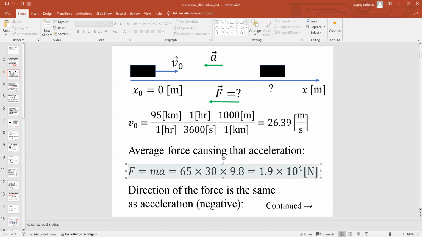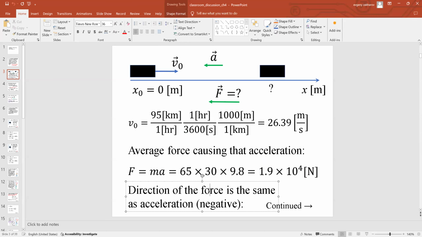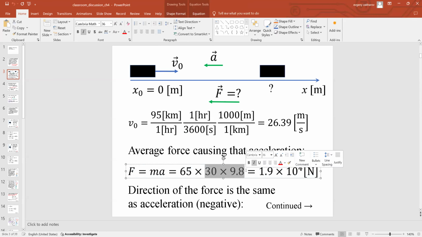And calculating the force is easy. You have 65 kilograms, an acceleration of 30 Gs, 30 times G, and G is 9.8. So overall force is 1.9, so 19,000 newtons.